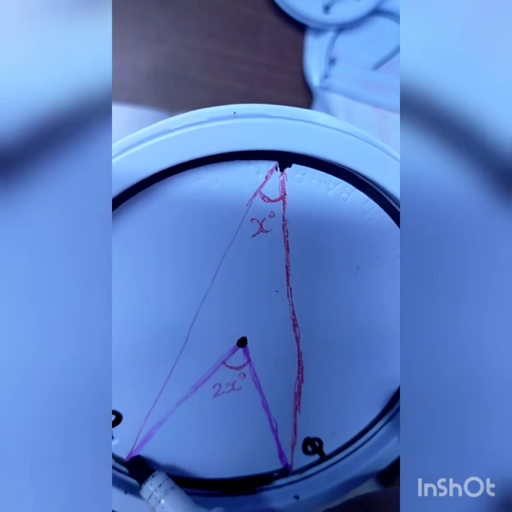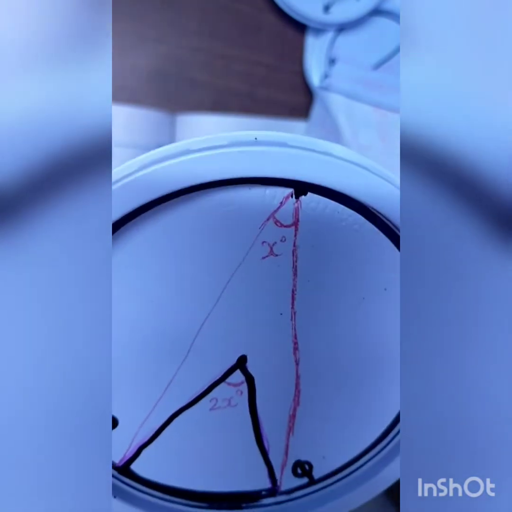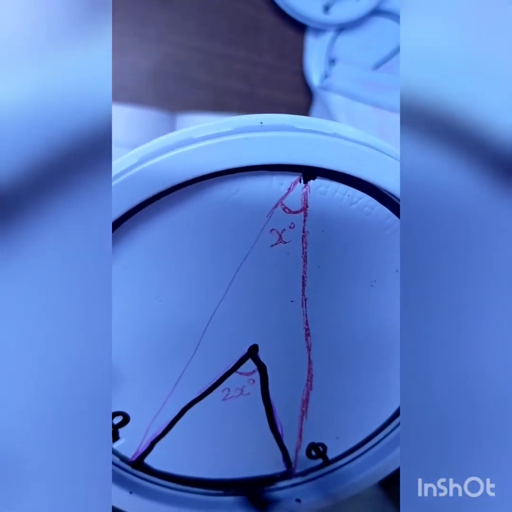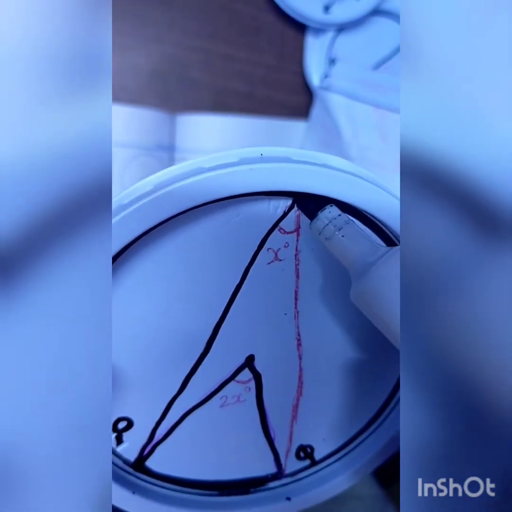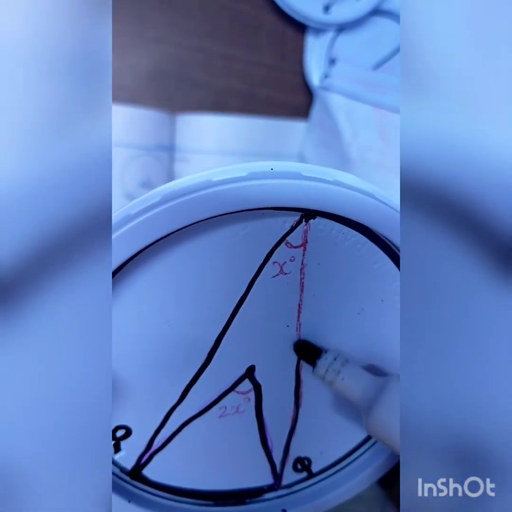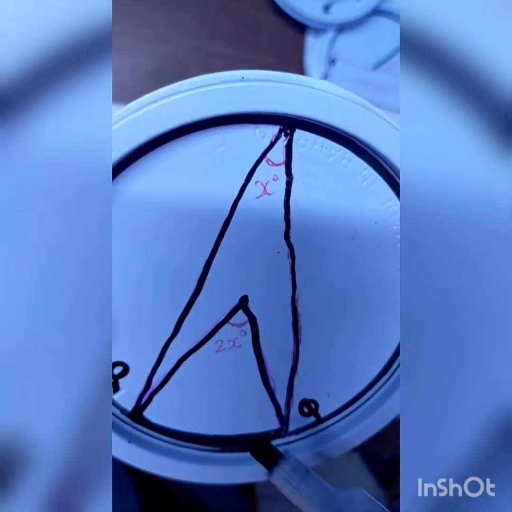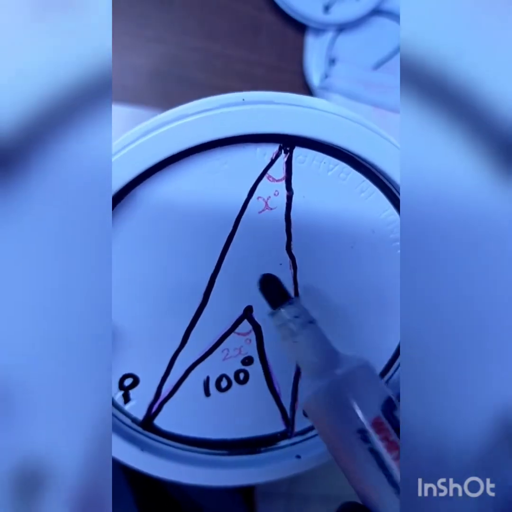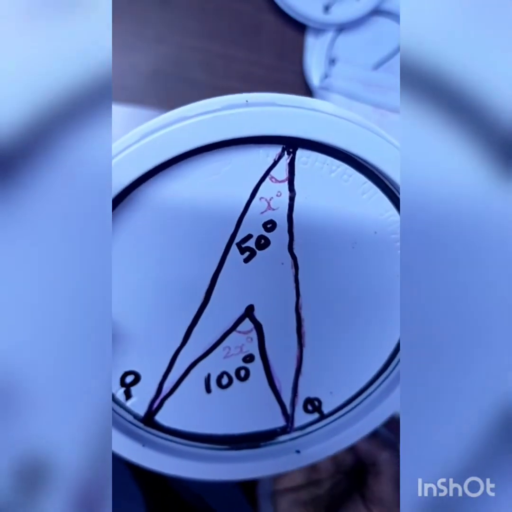The arc is making 2x with the center of the circle. Now with the same arc, I am making another line which touches any point on the circle. So if I measure that angle, that will be x. For example, if this is 100 degrees, this will be 50 degrees.